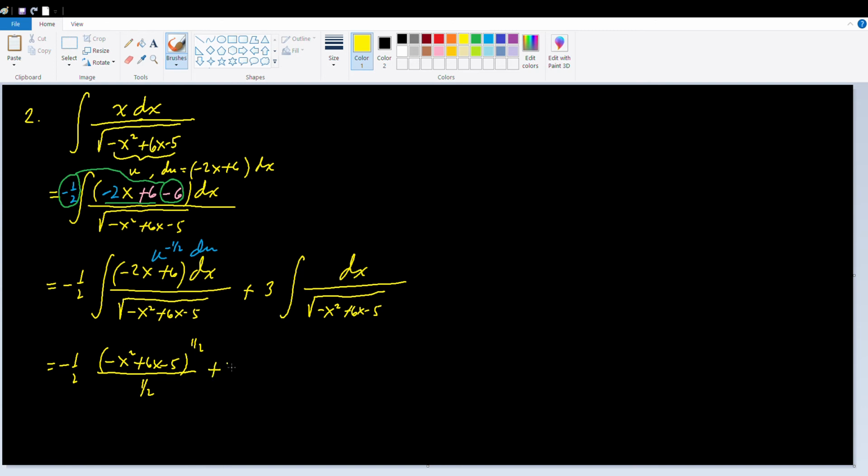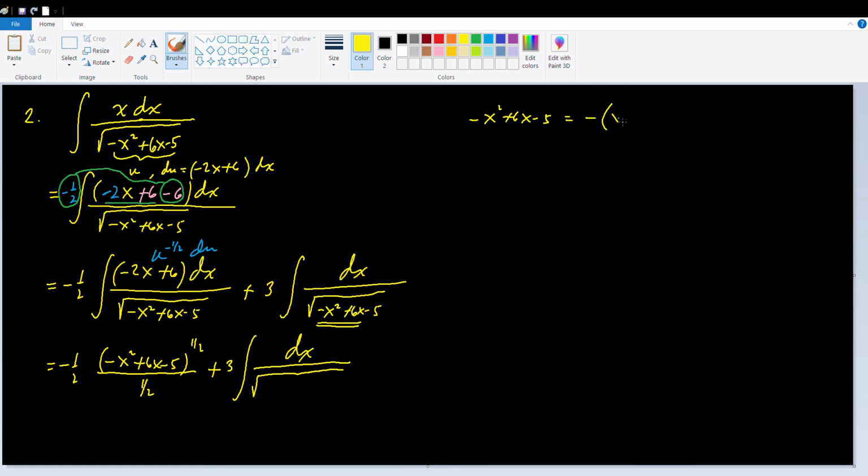We continue with the second integral, dx over. What we do in the radicand is we complete negative x squared plus 6x as a perfect square trinomial. And to do that, we shall factor first the negative sign.